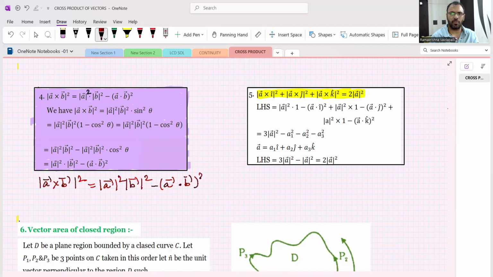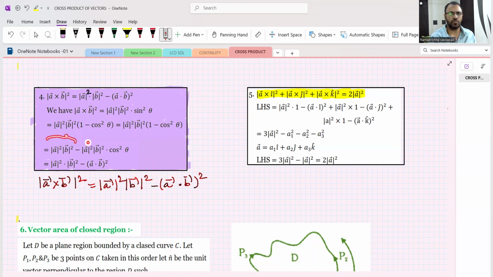You please see the proof. Proof is quite simple. Modulus of A bar cross B bar whole square is equal to mod A square into mod B square into sine square theta. Now you write this sine square theta as 1 minus cos square theta. Now you just expand this: mod A square mod B square into 1, minus mod A square mod B square into cos square theta.